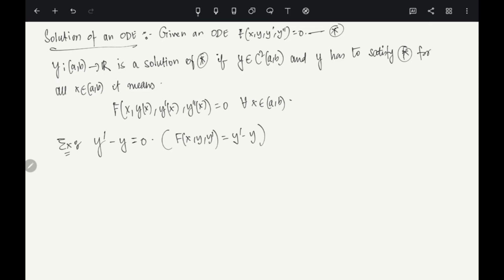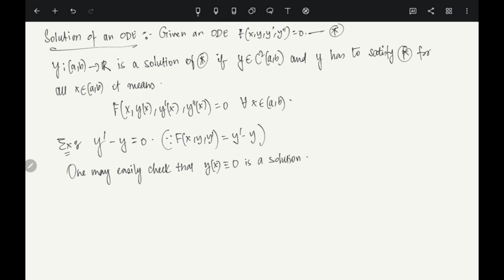Given an F which looks like this, you have an ODE corresponding to that. Now for this ODE, one can easily check that y of x equals 0 is a solution.